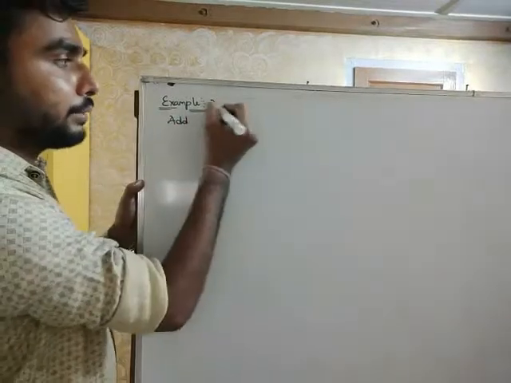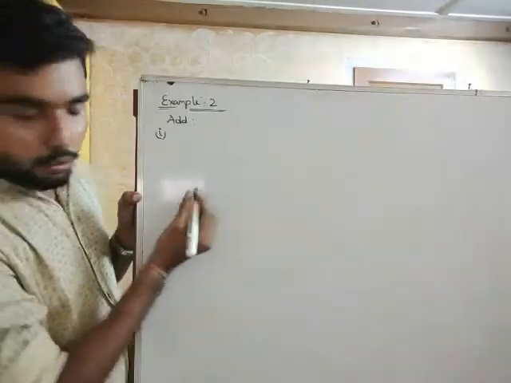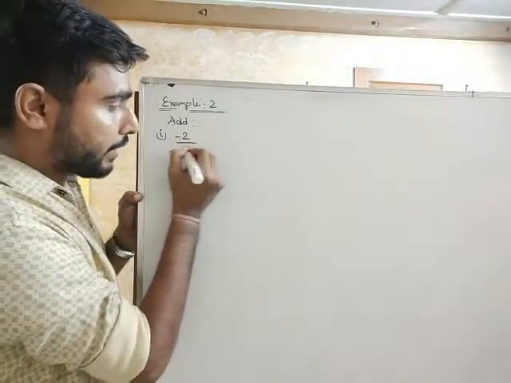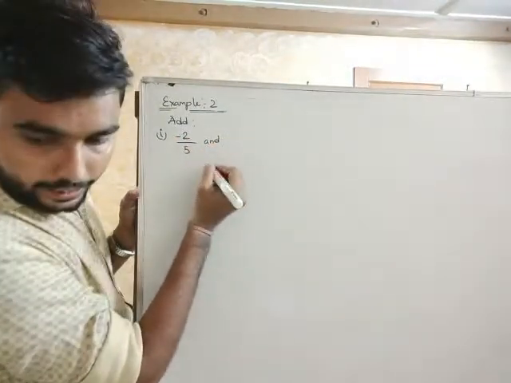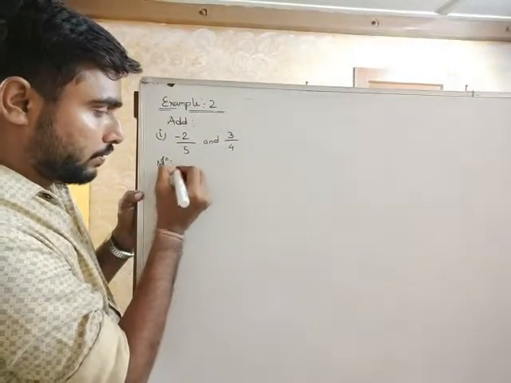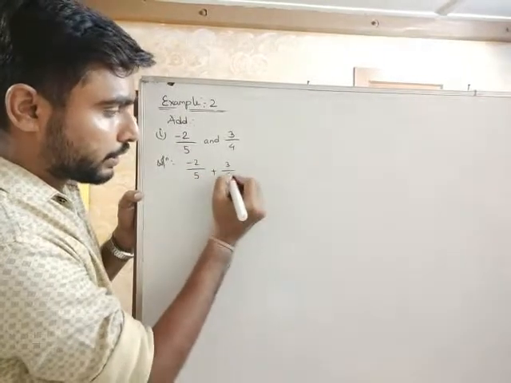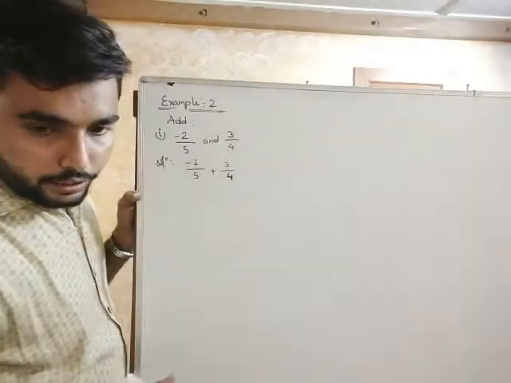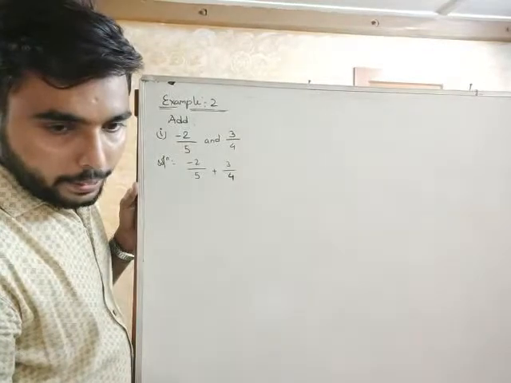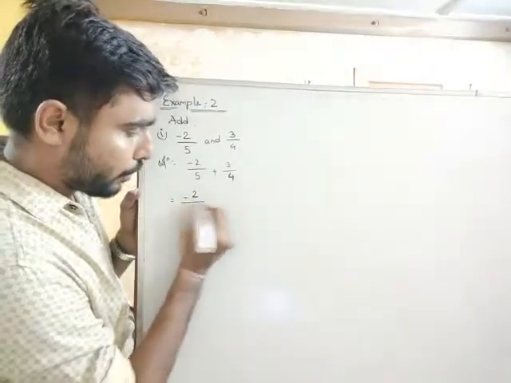So example number 2 says add the rational numbers minus 2 by 5 and 3 by 4. So minus 2 by 5 plus 3 by 4. You can see the denominators are different, so we cannot add them directly. So now LCM of 5 and 4 is 20. So both the denominators should be what? 20.